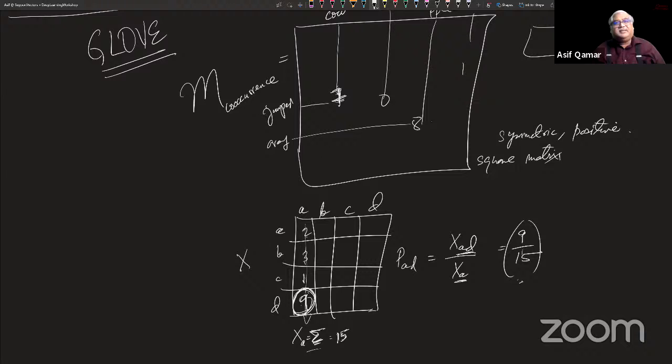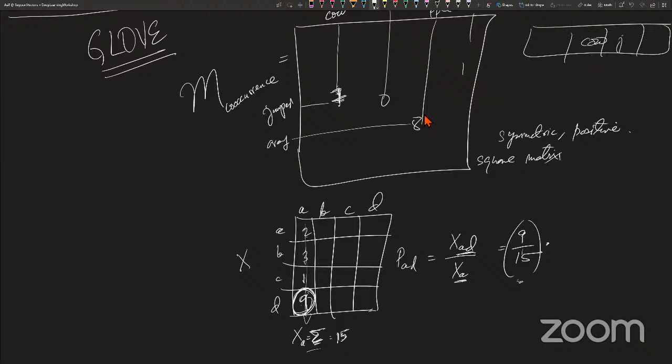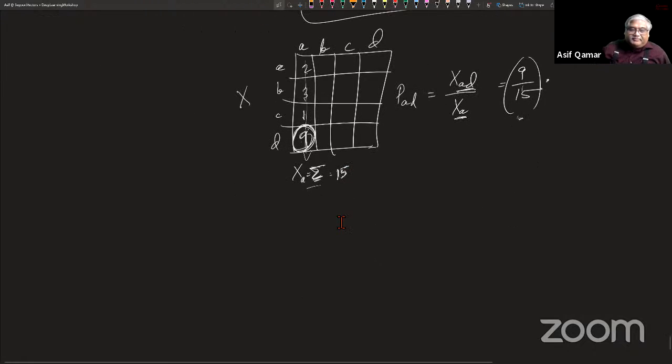Guys, does it make very basic sense? The probability of seeing A and D together is this. Given A, finding D in the company of A, the probability is this. Now it turns out that we want to use this somehow to go back and use in our network again.